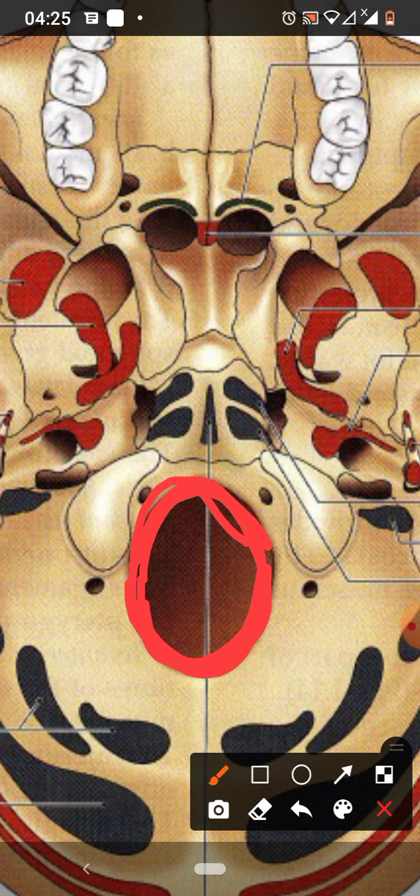The alar ligament is attached on the rough surface of the condyles, and these are the occipital condyles.